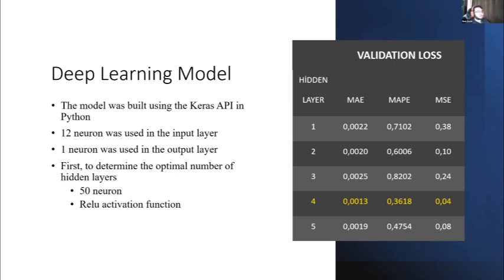So these are 12 and 1 for me. Each hidden layer has 15 neurons and ReLU activation function when we decide the number of hidden layers. 4 hidden layers is the best for me.